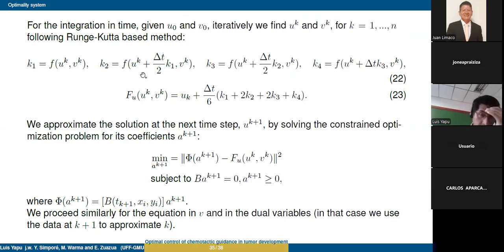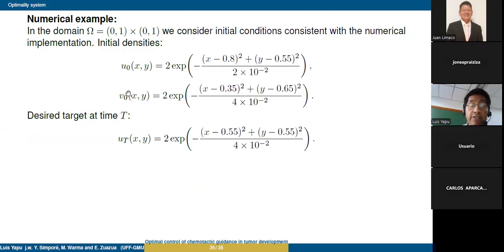As a numerical example, I start with some Gaussian U and V. I have a desired target UT, which is also a Gaussian centered in another position. Our set is 0, 1, 0, 1. We are working on the square.